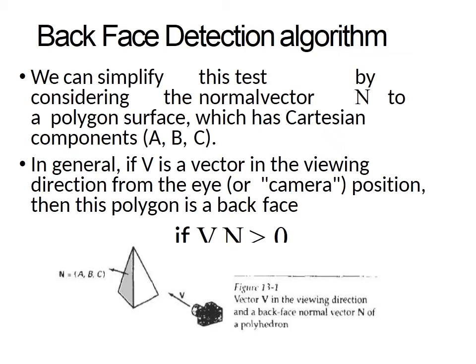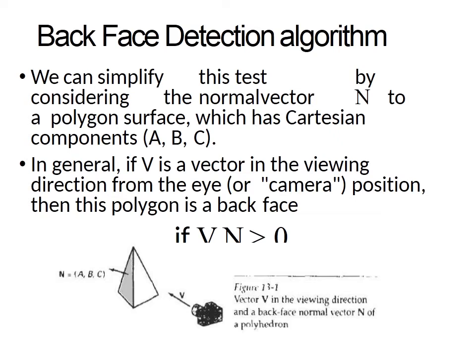In the backface detection algorithm, we can simplify this test by considering the normal vector N to a polygon surface, which has Cartesian components A, B, C. In general, V is a vector in the viewing direction from the eye or camera position.